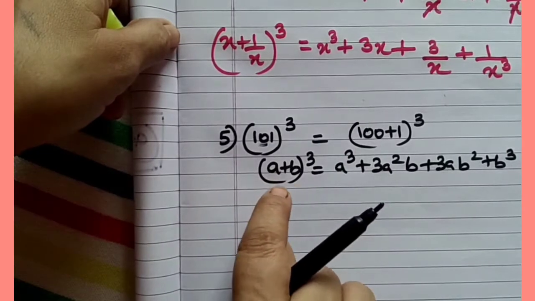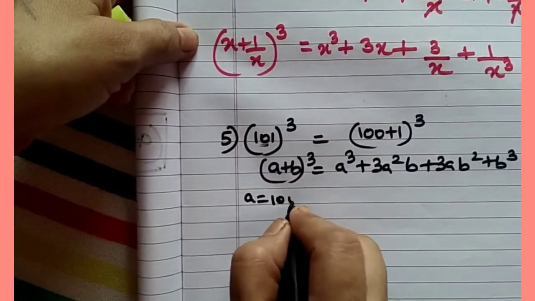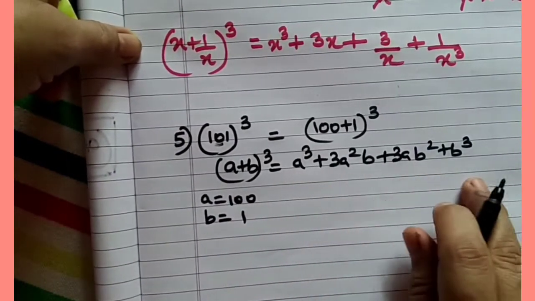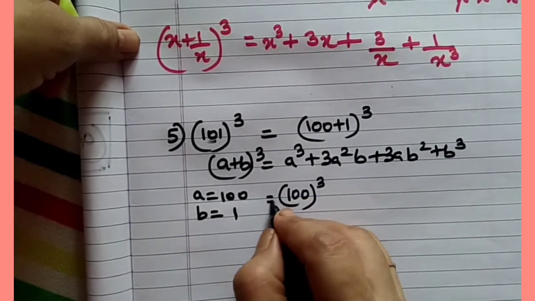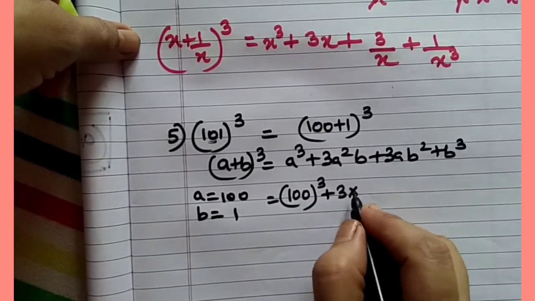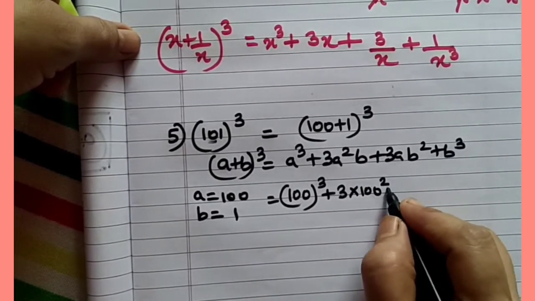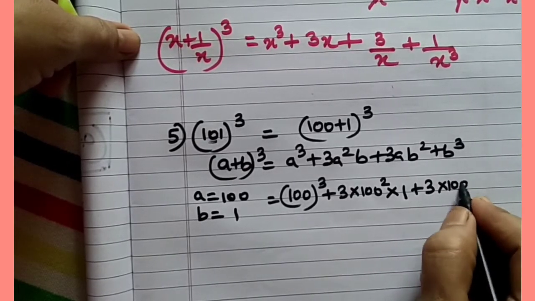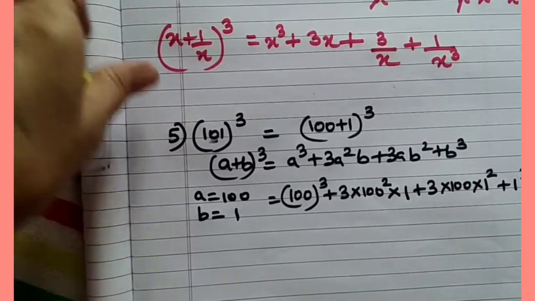Then I can write down this formula. Now what will be a over here? It will be 100. And what will be b over here? That will be 1. Now let me substitute in this formula. First a cube means 100 cube plus 3 into 100 square into 1 plus 3 into 100 into 1 square plus 1 cube.